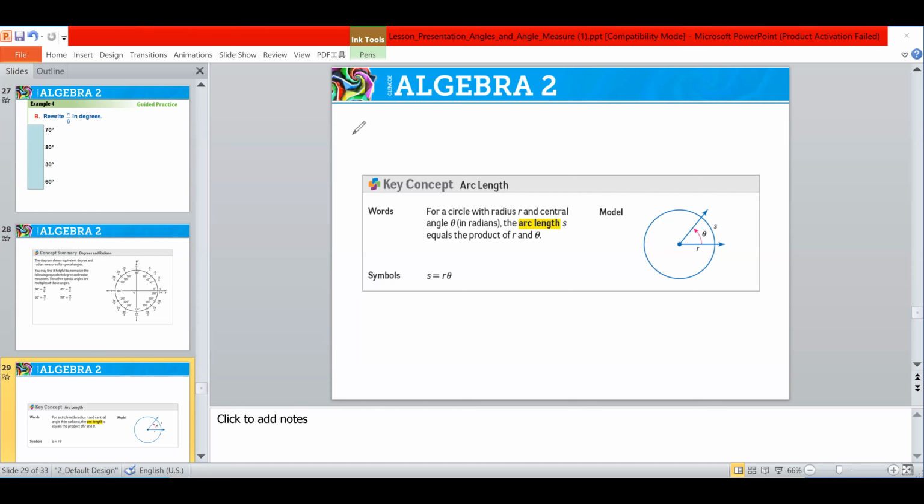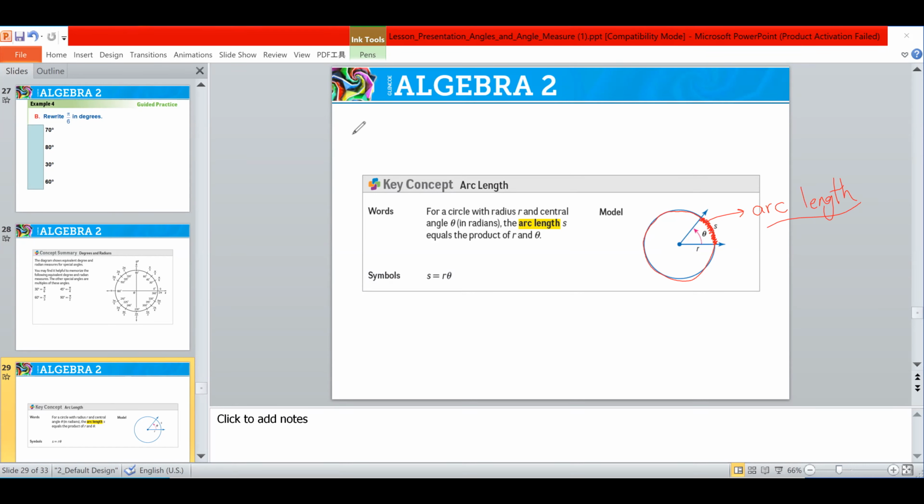This is the circumference of the circle. This is a part that we need to calculate, which is called arc length. The arc length is a part of the circumference.